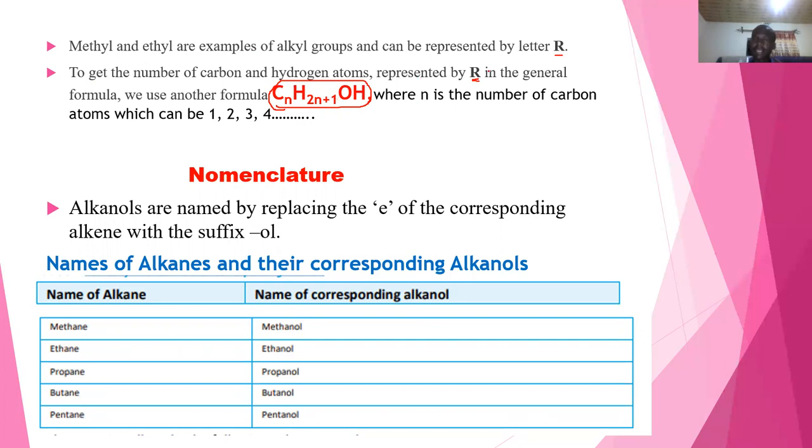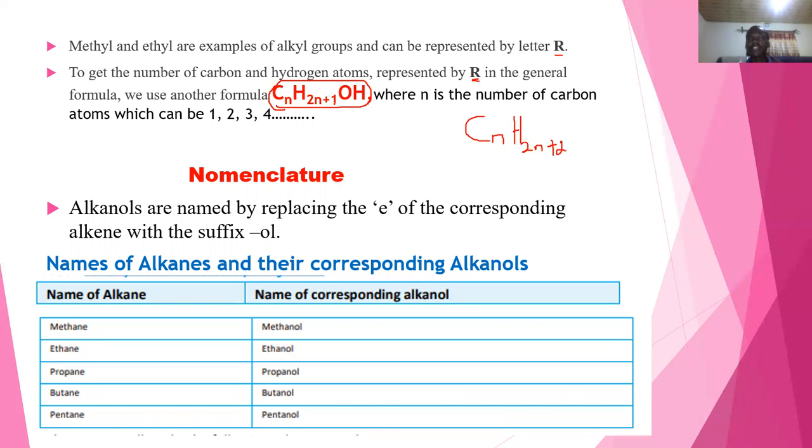So in alkanes, we said that the general formula for the alkanes was CnH2n+2. So you realize that in this case, we add 1. Why do we add 1? Because these 2n+1 are now the number of hydrogen atoms.